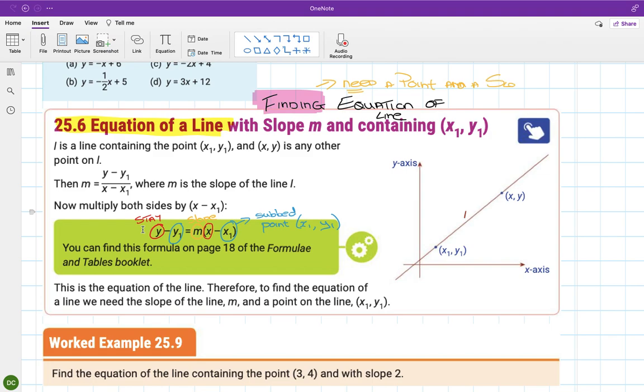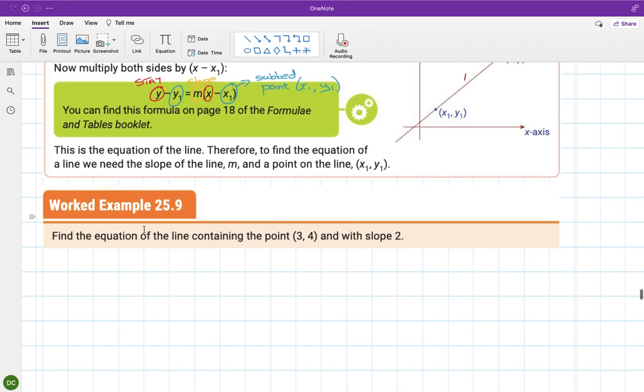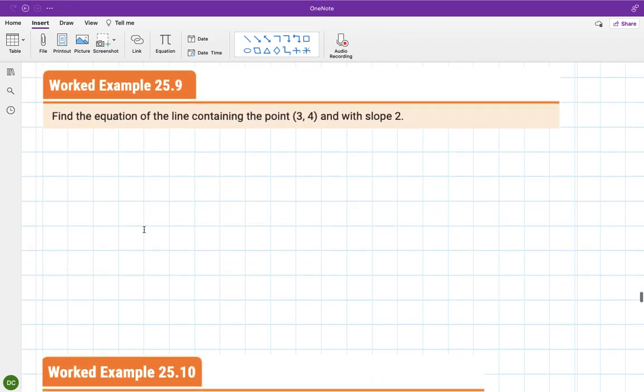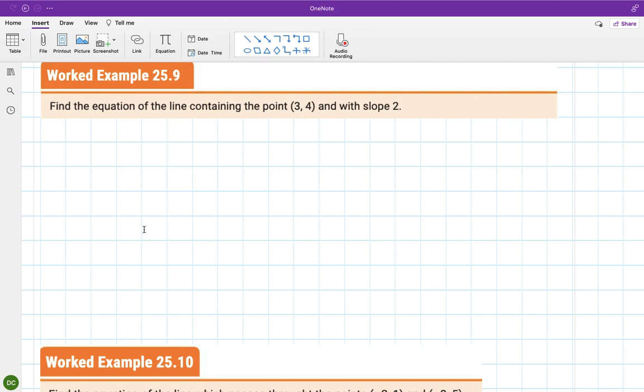If you look at the question down at the bottom, it says find the equation of the line containing the point (3, 4) with a slope of 2. So the question says find the equation of the line.